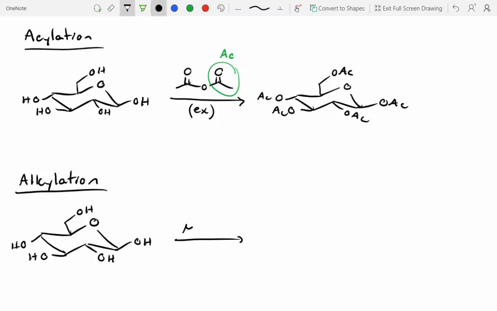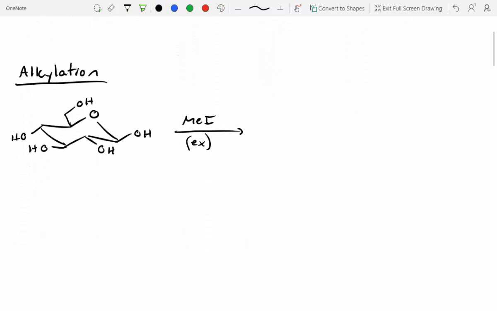And I'm going to treat this with methyl iodide in excess. What do you think will happen with this? I should make my I clearer. Yeah, we're going to make a bunch of ethers off of this.